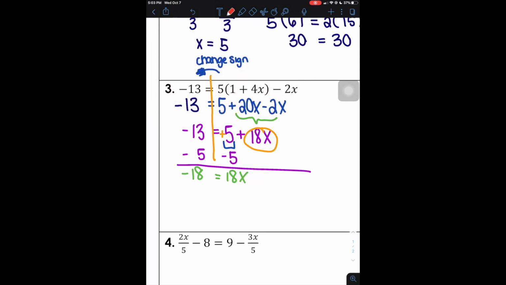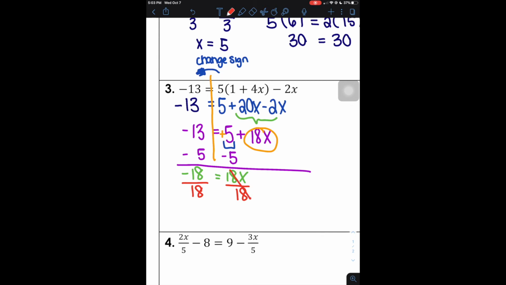So on the right hand side, I see that x is being multiplied by 18. So I'm going to do the opposite of that. I'm going to divide it by 18 because I understand that the inverse of multiplication is division. This is going to cancel out.